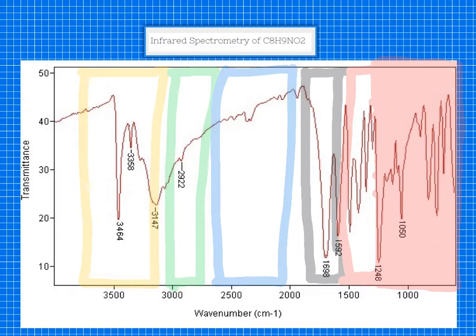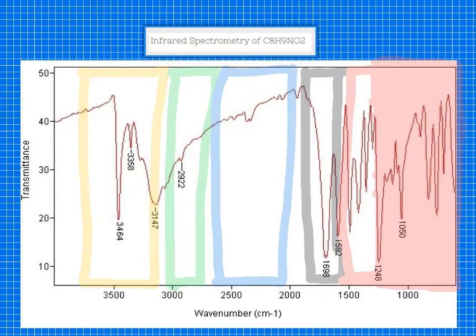If we move on to our third region, which I've marked in the blue, we're looking for triple bonds, like C triple bond to C or C triple bond to N, and we don't have anything here, so we'll move on to the next region.